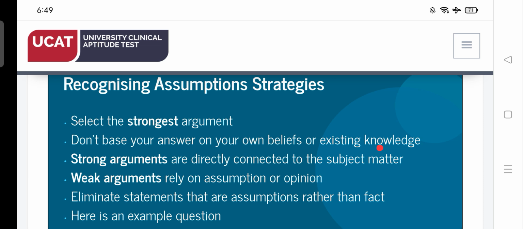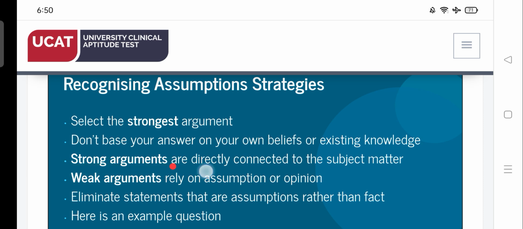Some of the arguments will be given to you in the form of options, and other ones could also be true, but you have to choose the strongest one, the one most related to the information presented to you in the question. You don't need to base your answer on your beliefs or existing knowledge. No belief needed, no existing knowledge needed in these types of questions.